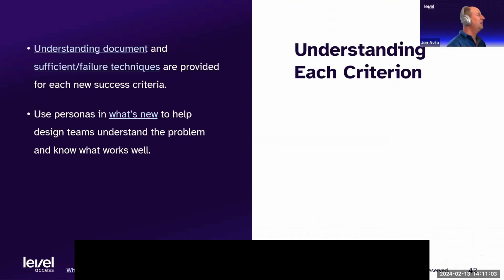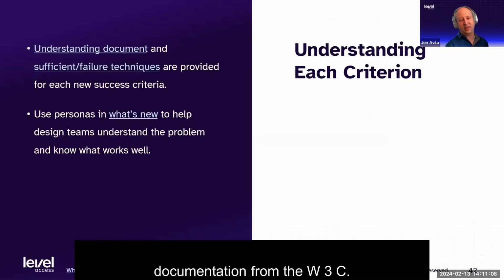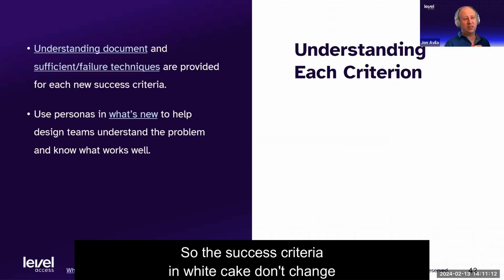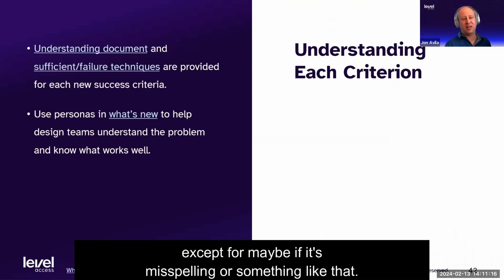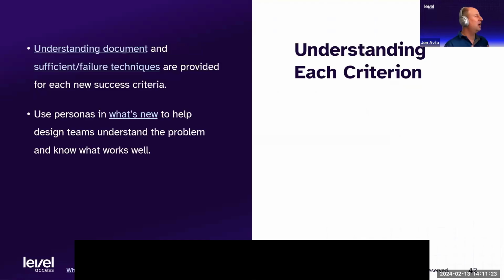Great, thank you, Nell. So as I mentioned earlier, and as we provided a link, there's some great understanding documentation from the W3C. The success criteria in WCAG don't change, except maybe if there's a misspelling or something like that. They're fixed in time on a certain date.